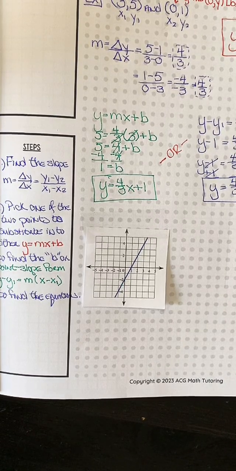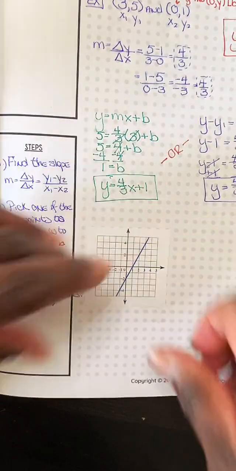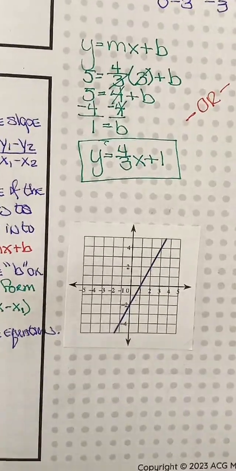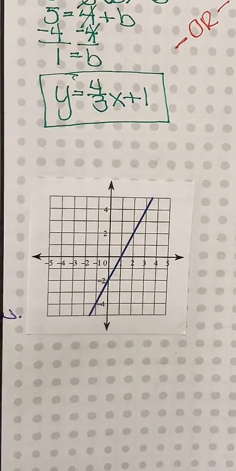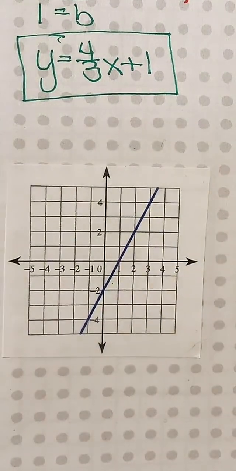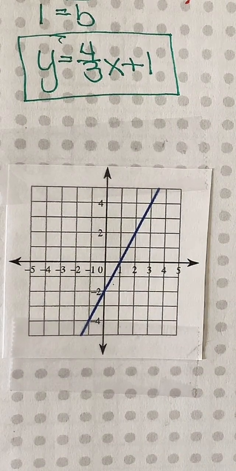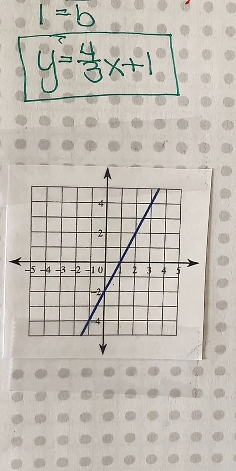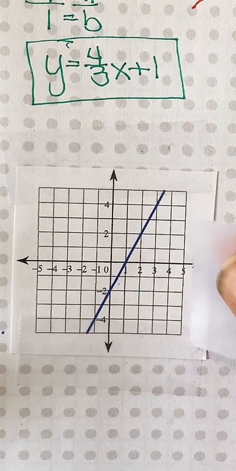I'm going to zoom in so you can actually see, but let me tape it down a little bit. And tell me, what is the equation of this line? And then we're done for today.